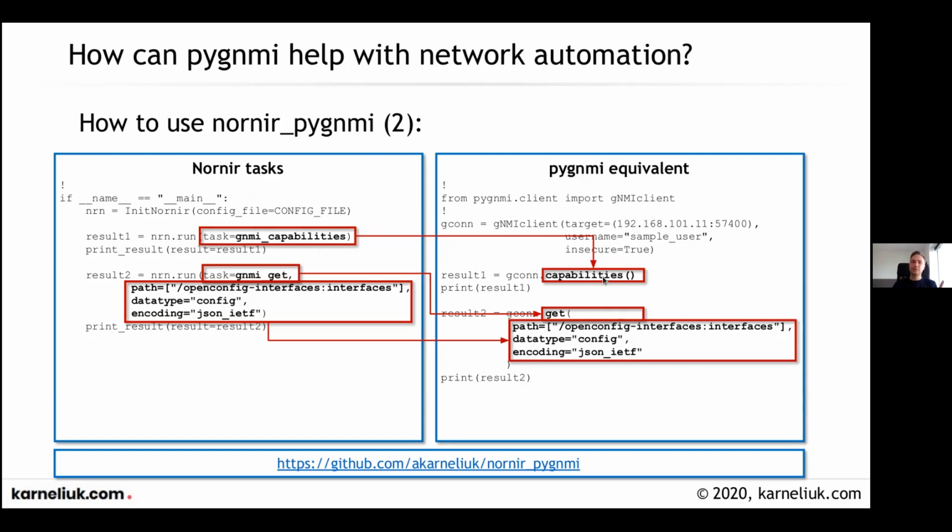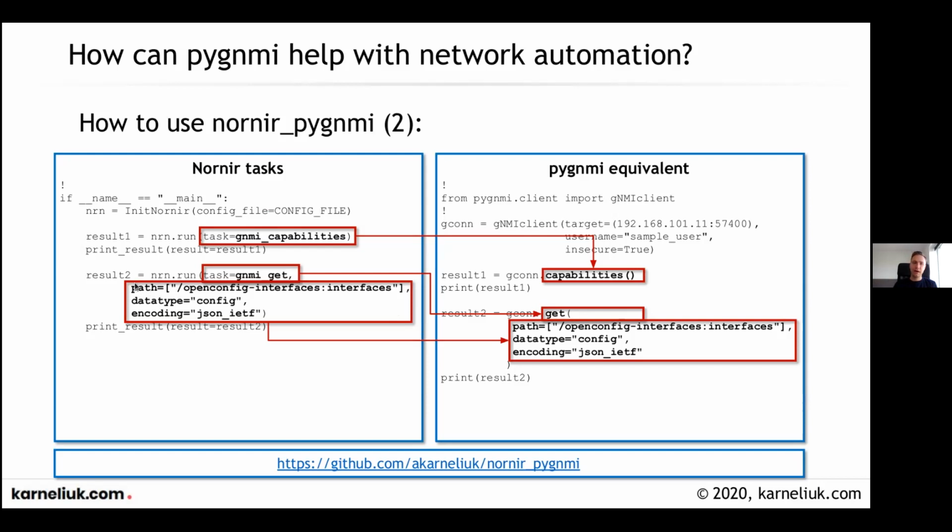Where the request is parameterized, for example get, you need to provide at least the path with at least one value within that list. The way it works in Nornir, after the name of the task, you put a comma, and after the comma you have the possibility to provide the parameters. These would be the parameters that you would typically pass to the get method within the PyGNMI library.